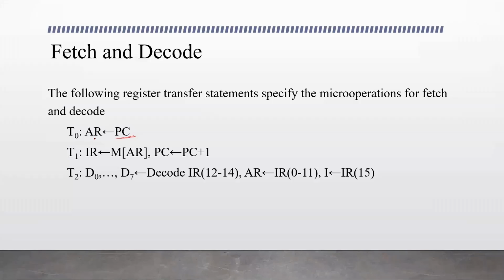So we transfer the address in PC into the address register AR at time T0. Every process happens in a clock cycle, so the timing signal is T0. When T0 is 1, this operation is performed. The second micro operation is to take the memory word from address AR. AR has the address of the instruction now.